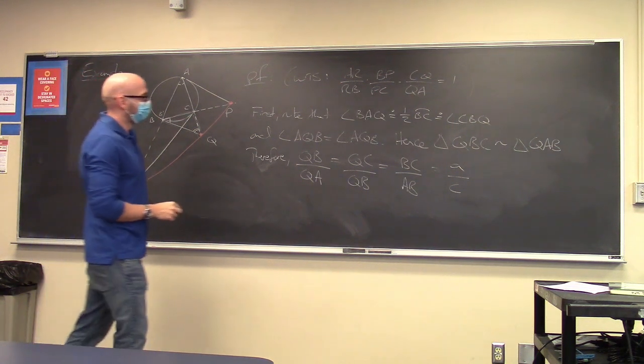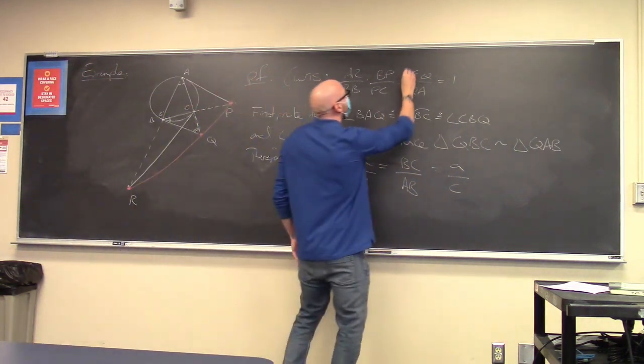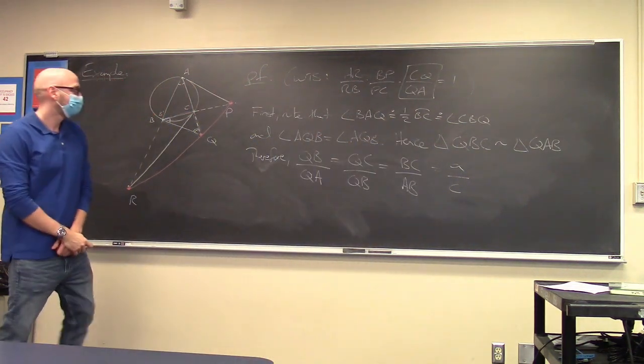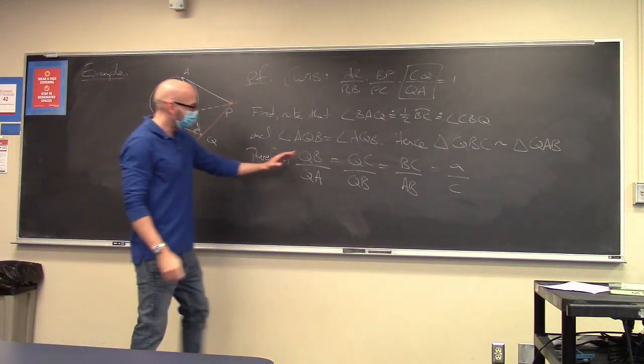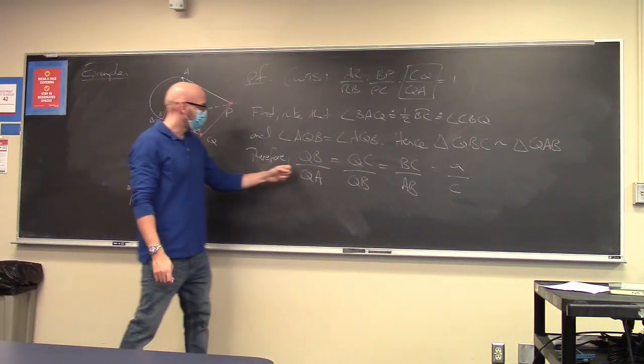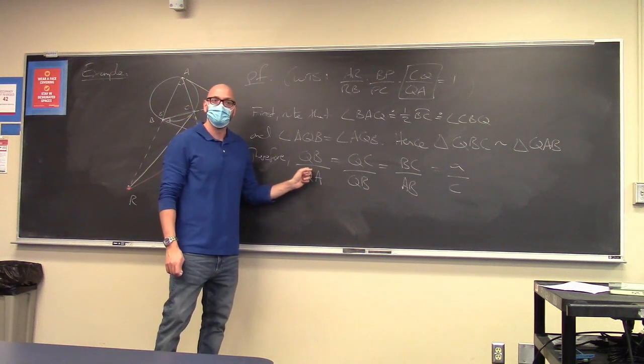What do I want? If I'm computing this Chevian product, I want CQ over QA. How do I get CQ over QA from these expressions? Well, I could just multiply these two together, right?